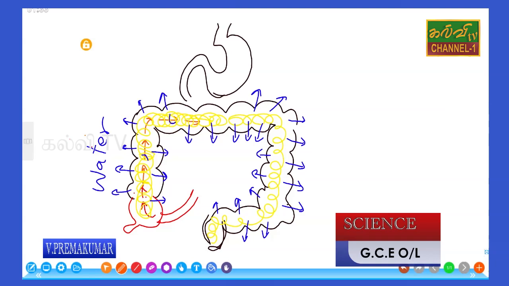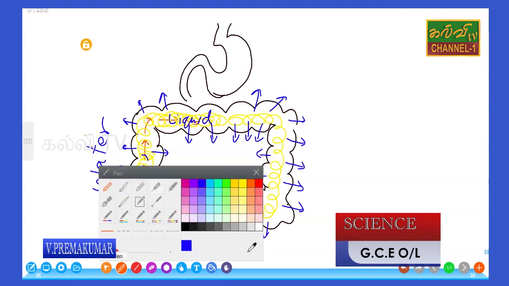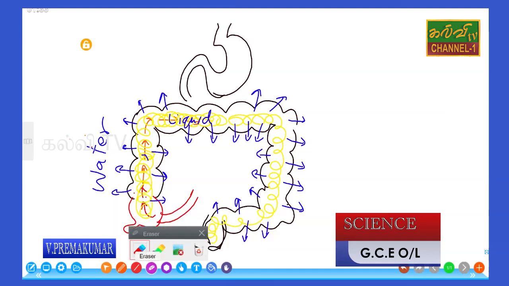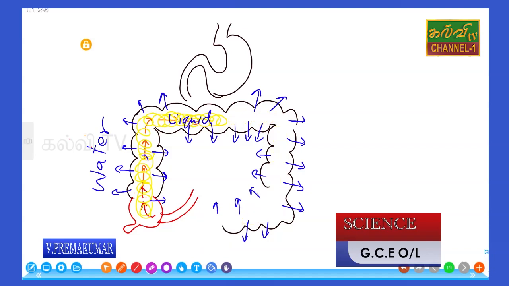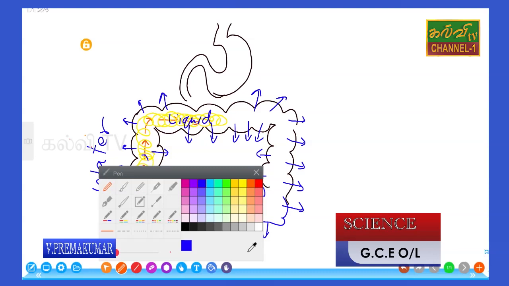What is the liquid formation? The liquid form of the fecal matter is going to be absorbed and change into solid form, especially in this area, especially the rectum.